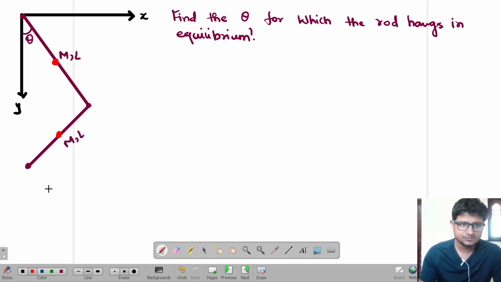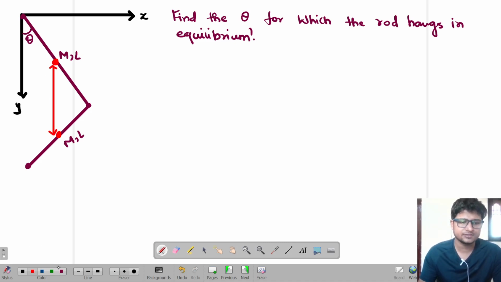So the question arises where the net center of mass should be present such that the whole system remains in equilibrium. So basically, we can join these two lines. So that's your question to calculate.